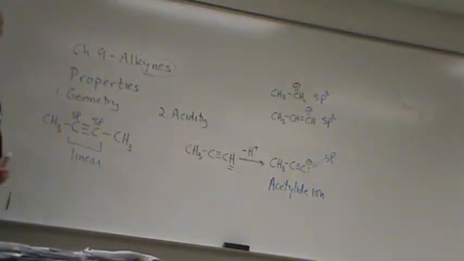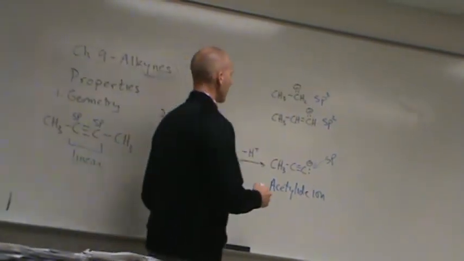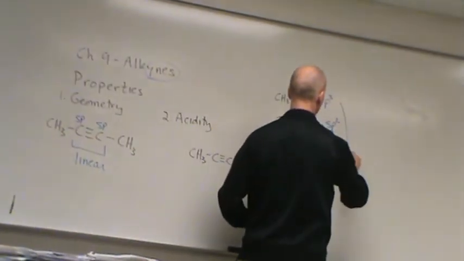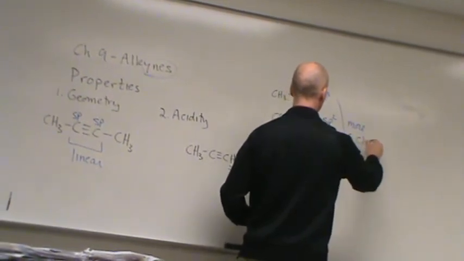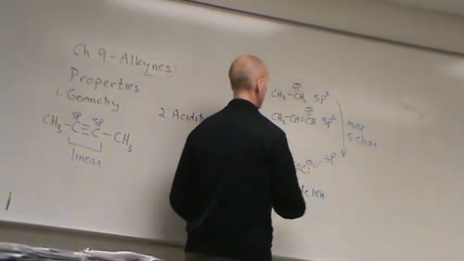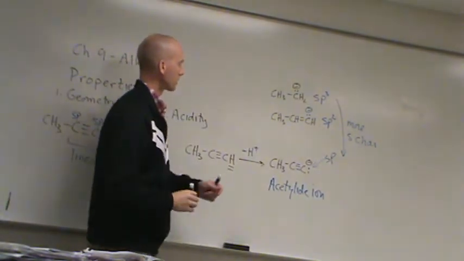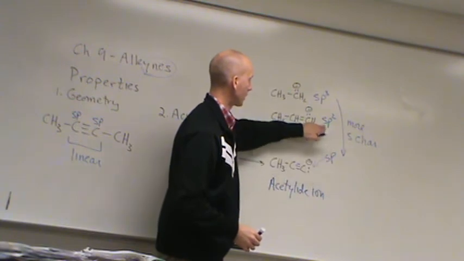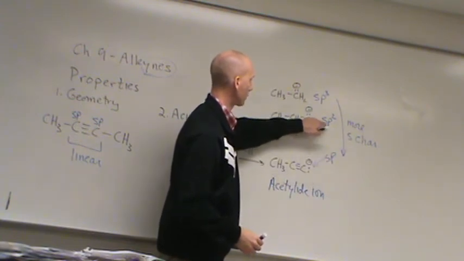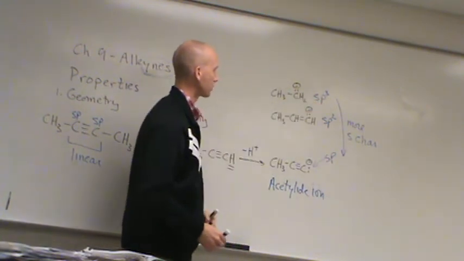So if I compare those, as I go down this way, I get more S character. See that? This one is a half S, 50% S. This is 1/3 S. This is 1/4 S.